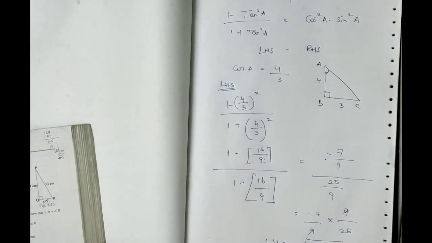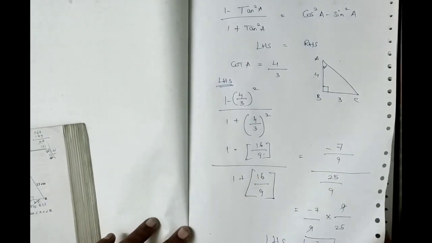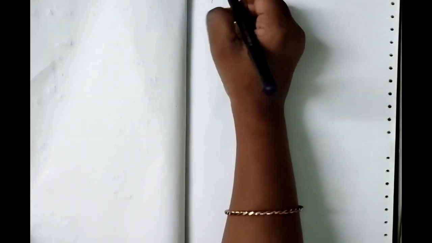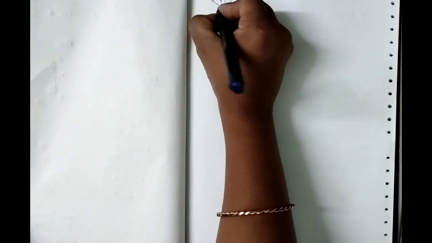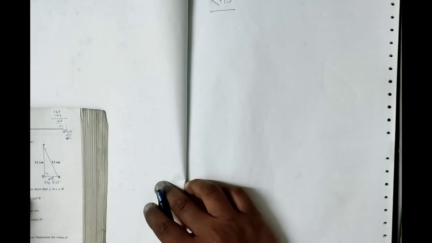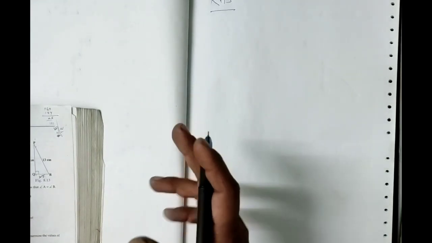Now we'll solve it for RHS. If we solve it for RHS, right hand side, what they have asked is cos square A minus sin square A. So we do not know the hypotenuse now. First we have to find the hypotenuse for finding all the other angles.